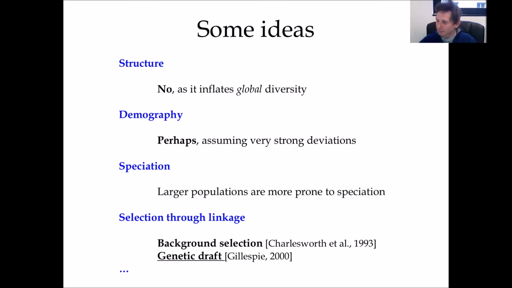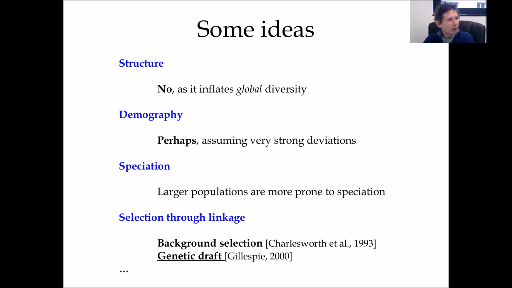So what are the ideas? We could think about population structure, saying the individuals are not panmictic. Surely, locally, this will decrease diversity.